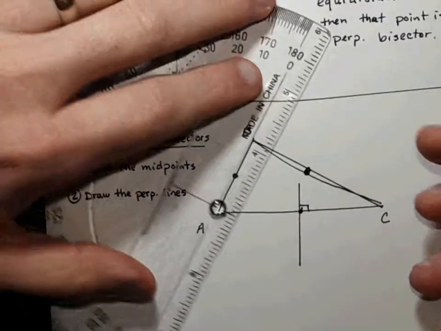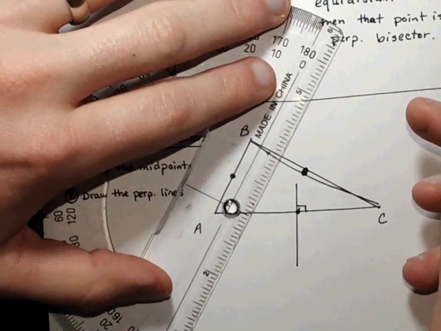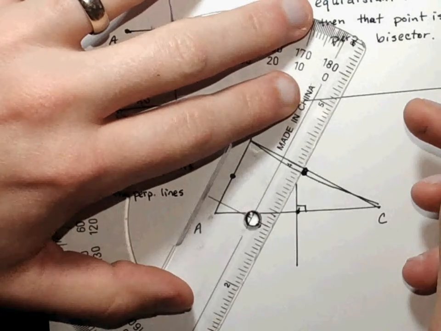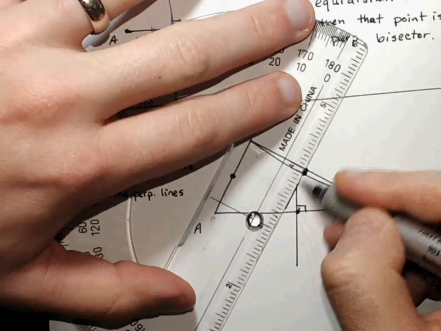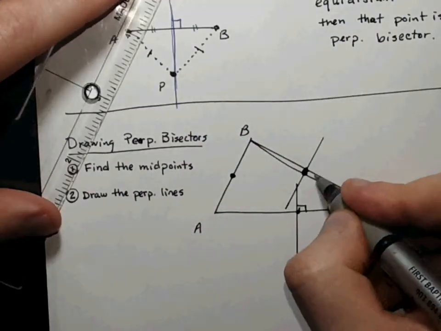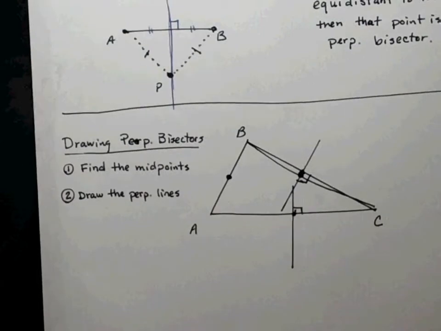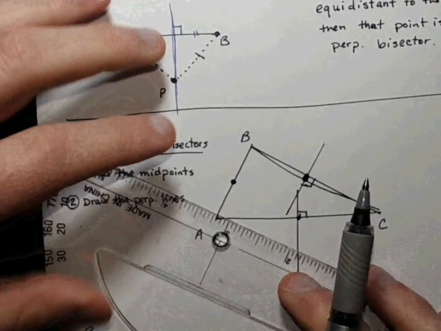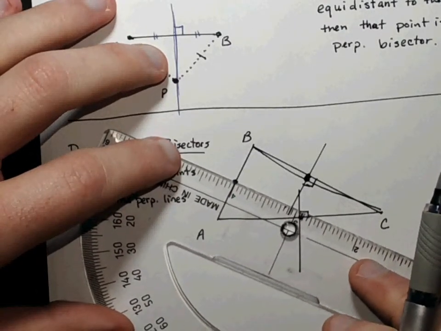I'm going to line up my line and wait till we get to the midpoint, and there we go. So now we should have these two. And let's do this last one.